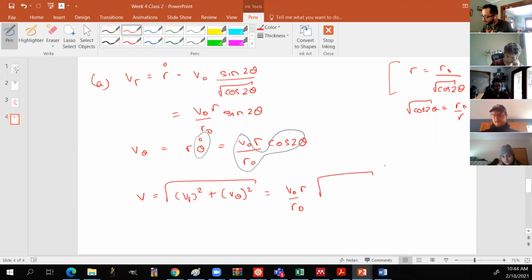Inside you end up with sine squared 2 theta plus cosine squared 2 theta. And what is this equal to? That's just 1, right?